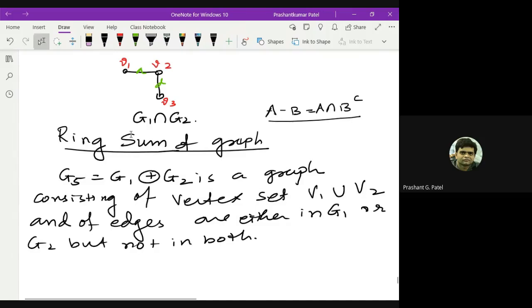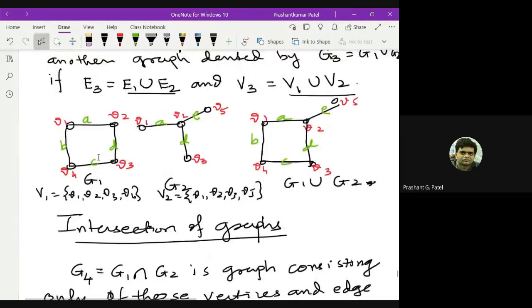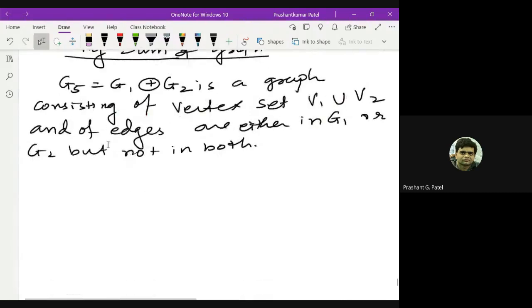So for example, if I want to plot the ring sum of G1 and G2, then the vertex set is the union of these two. That means the vertex set of G1 union G2 has four vertices and one more, the fifth. So these were your vertices for G1 ring sum G2.